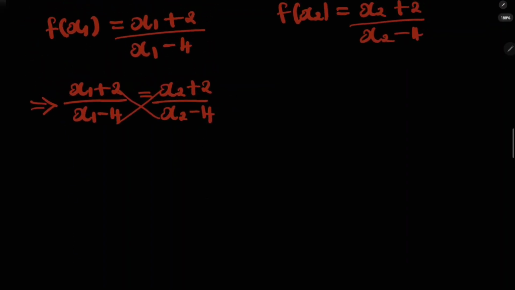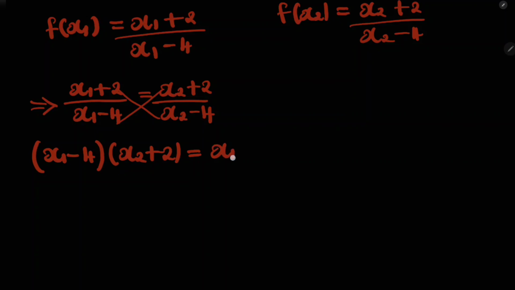We are going to have x1 minus 4 times x2 plus 2, I'm taking this and this first, equal to x1 plus 2 multiplied by x2 minus 4. Okay, so now let's open the brackets.